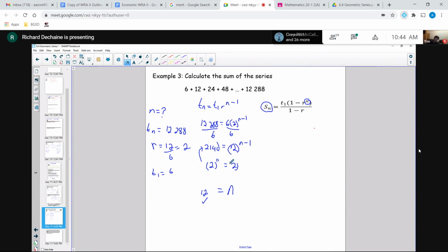2 to the n minus 1. Can ignore the bases, and we get 12. All right, now go figure out the sum of 12. Because now we know how many terms were in that problem. And now we have an n.